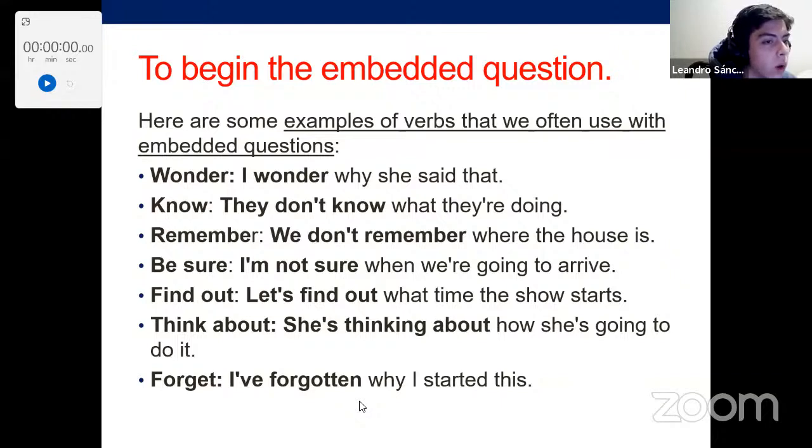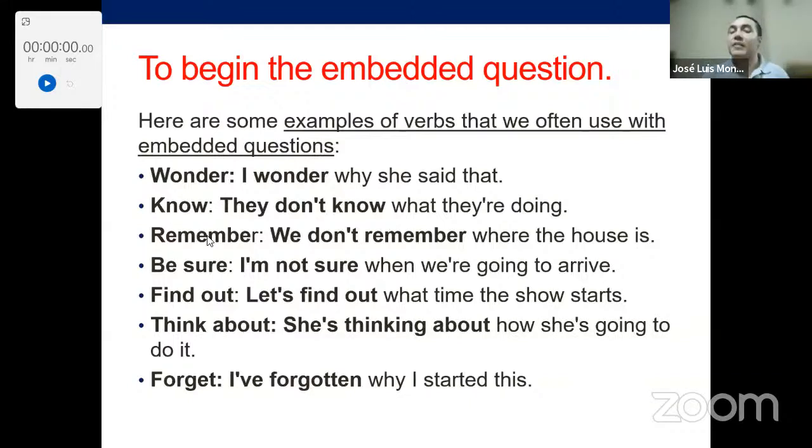They don't know what they are doing. Remember. We don't remember where the house is. Be sure. I'm not sure when we're going to arrive. Find out. Let's find out what time the show starts. Think about. She's thinking about how she's going to do it. Forget. I've forgotten why I started this.